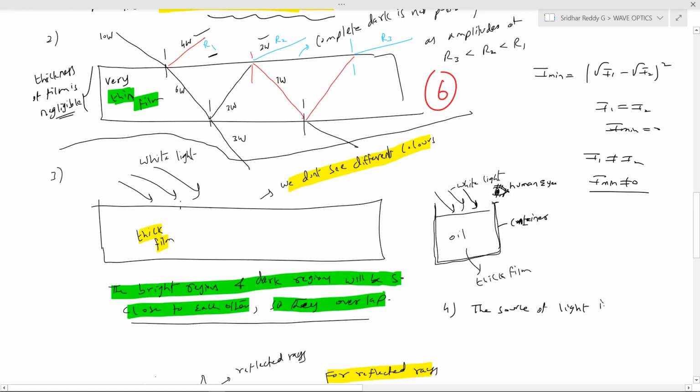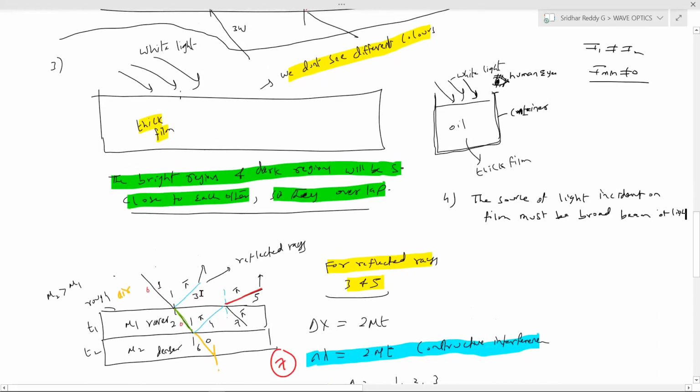The source of light must be a broad beam of light. What do you mean by this? Like, sir, not understanding. If there's a film, it should be lit by a beam of light.